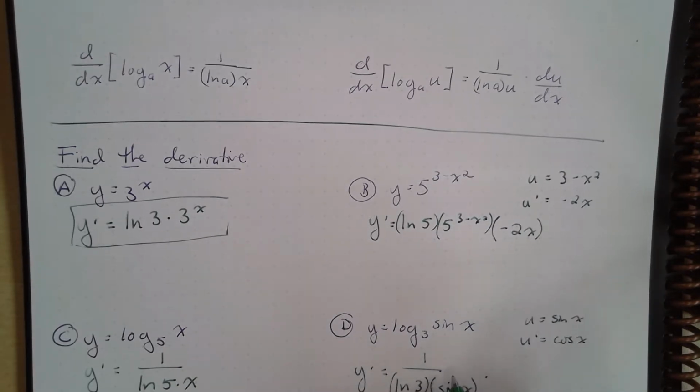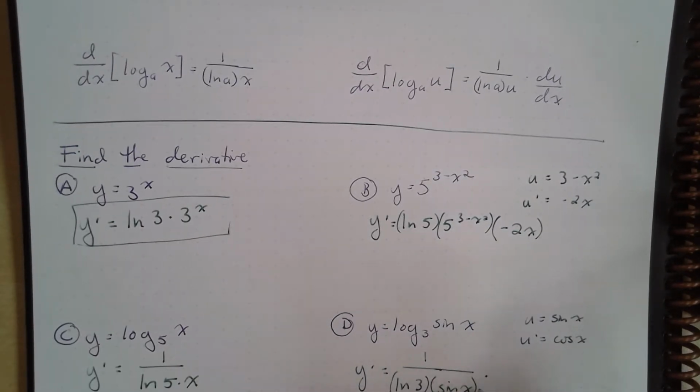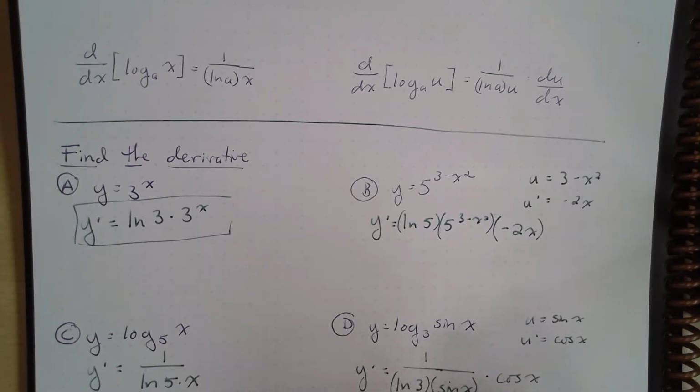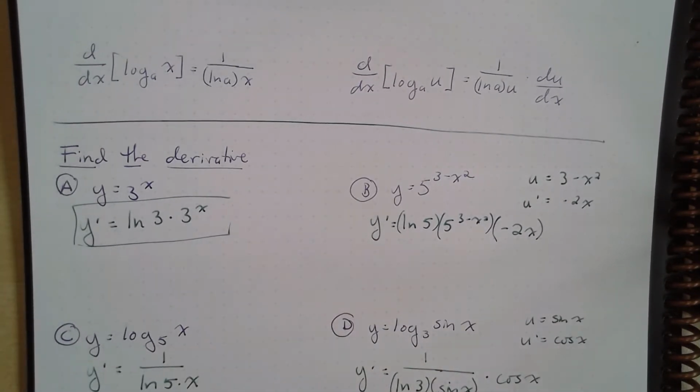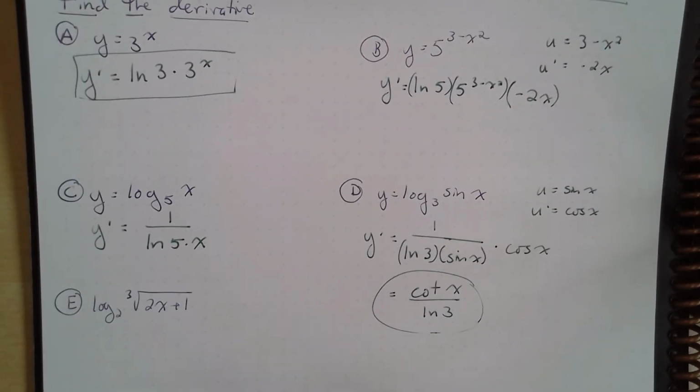And take note that this times u prime is not under our denominator, so times u prime in this situation is times cosine of x, right? So now we have cosine over sine, which I can rewrite as cotangent of x over the natural log of 3. And that's a good final answer for us.